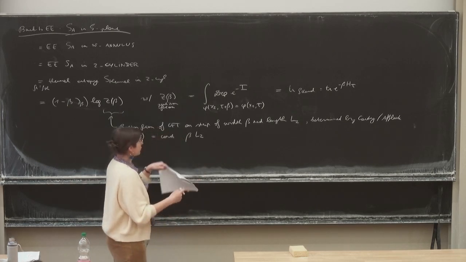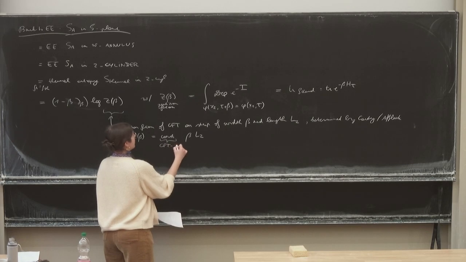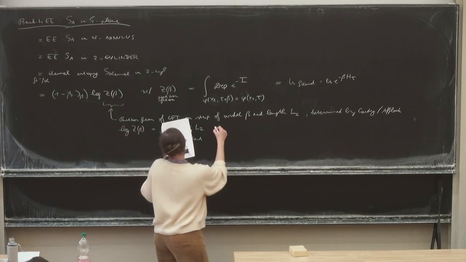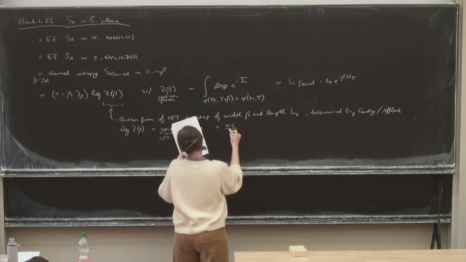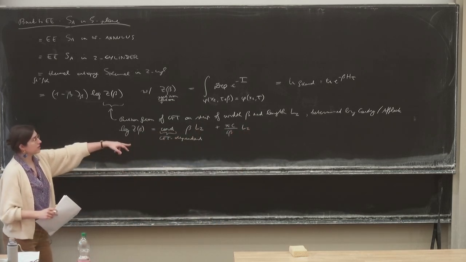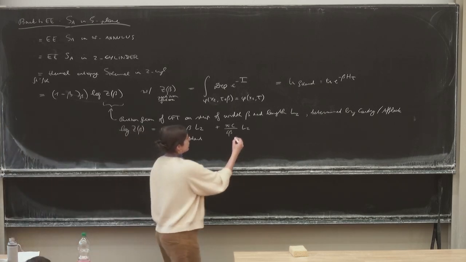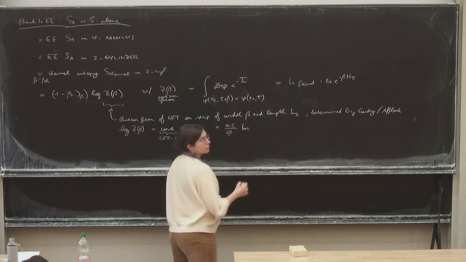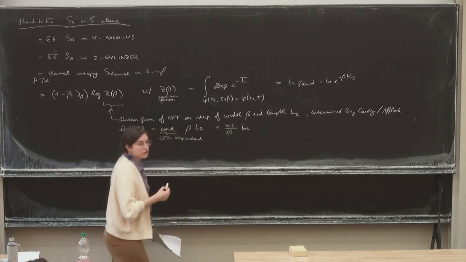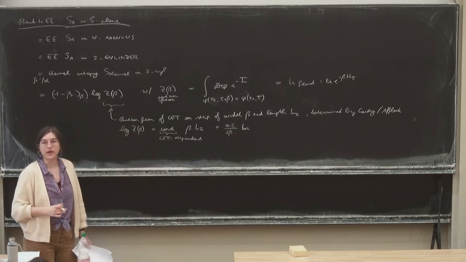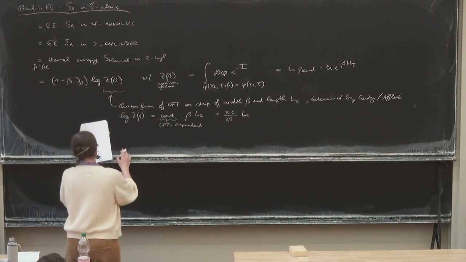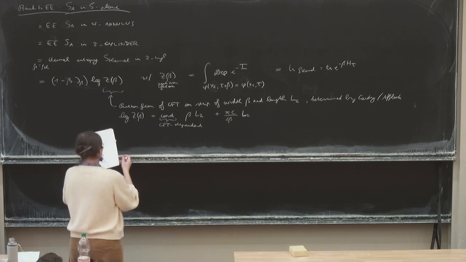Non-universal meaning that this is CFT dependent, depending on which particular theory you're looking at. And then there's a term pi c over 6 beta L_Z. Okay, so to determine this, they also had to make use again of the Weyl anomaly. So every time there's a c appearing in a 2D CFT result, your Weyl anomaly is behind the physics of it. I didn't have time to discuss the Weyl anomaly, but it's just a comment.